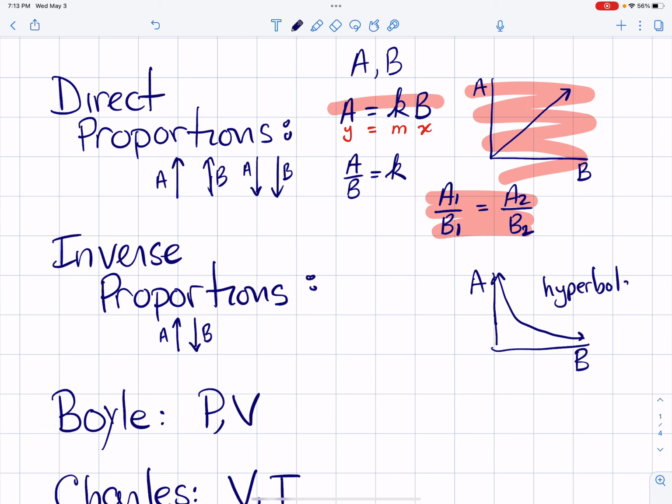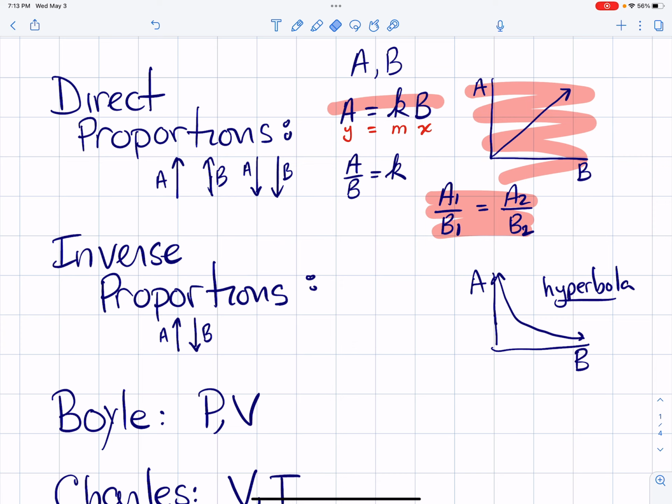If you're a math student, you might object a little bit because technically that's just half of a hyperbola. It's the part of the hyperbola which is in the positive quadrant. In chemistry, all of our variables will be positive numbers, so this is the only part of the graph that we're interested in.